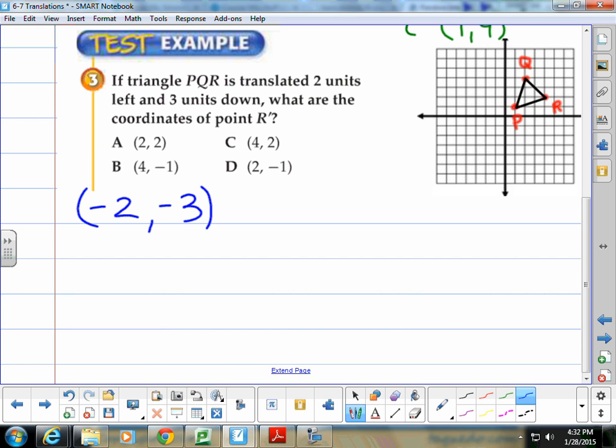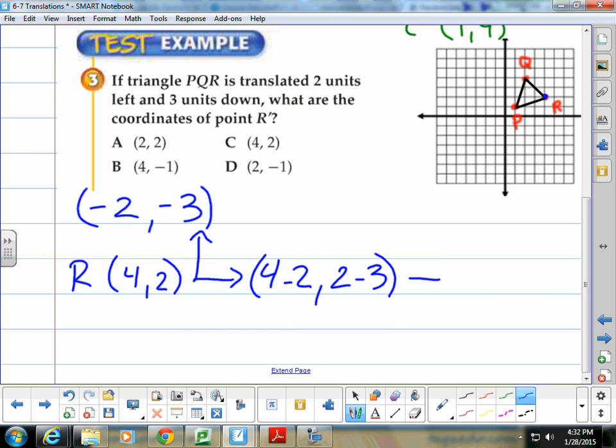That's our change. So we have to find out what point R is at right now. R currently, the original R, is at 4, 2, and we're changing it by this. So we're going to do 4 minus 2, 2 plus 3, which is going to lead R prime to 2, 5, which is the answer.